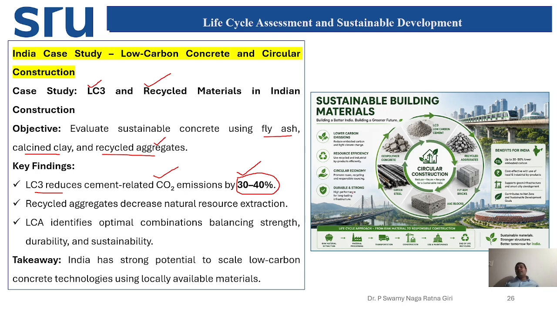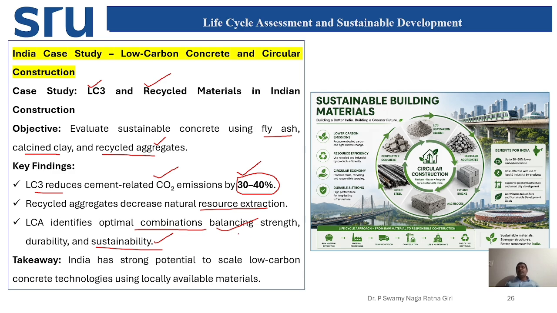Then you are utilizing waste recycled aggregate in construction, cutting down natural resource use by 50%, and LCA identifies the optimal combination balancing strength, durability, and sustainability of the materials. So that was the main agenda of how LCA evolves and helps optimize how much cement we can reduce, as well as improve the strength and durability and make more sustainable concrete.